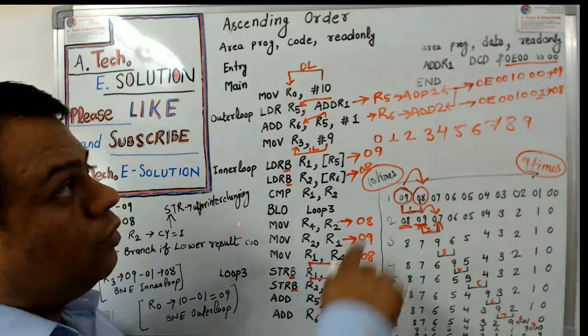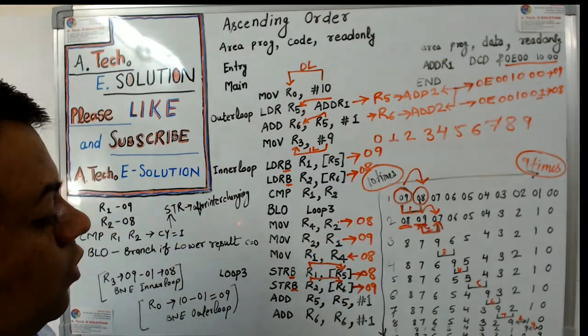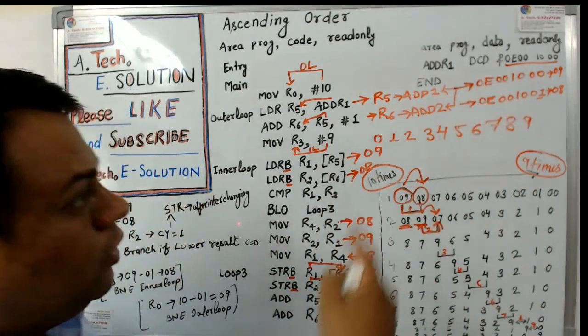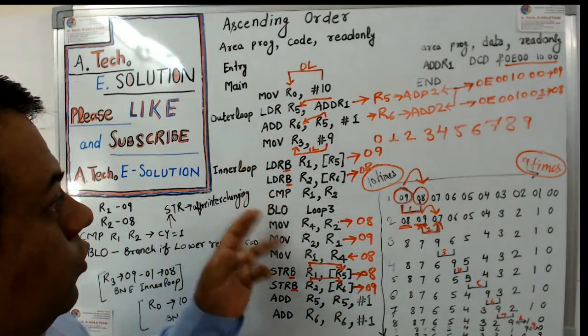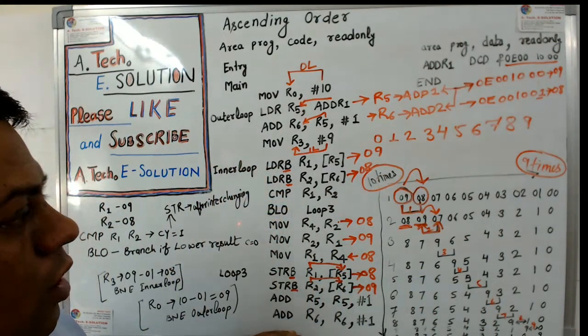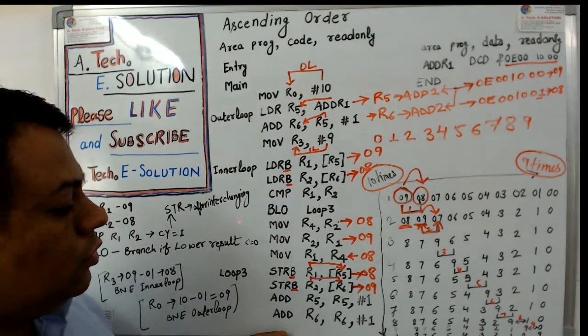Next, we move toward the outer loop to inner loop, this loop. After that we have to add some more instructions.